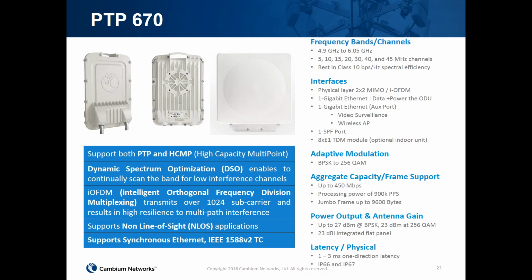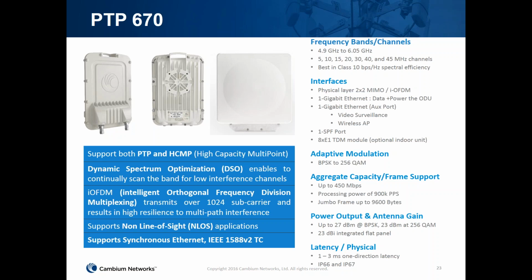So it has three main ports. One is the GigE, which is the Gig Ethernet port, which is the PoE. Next, it has the auxiliary port. The auxiliary port can be used for wireless surveillance, as it has the ability to power a camera. It has 802.3af PoE out, so you can power a wireless camera, you can power a wireless AP through that port.